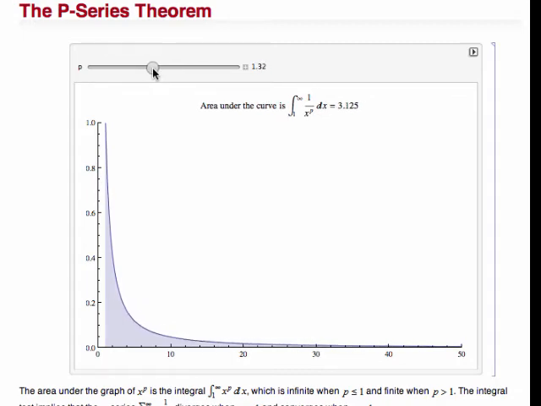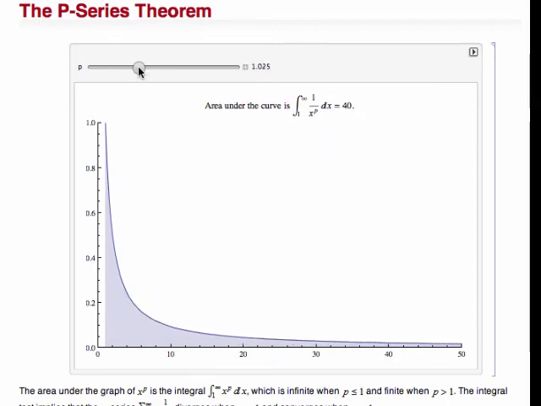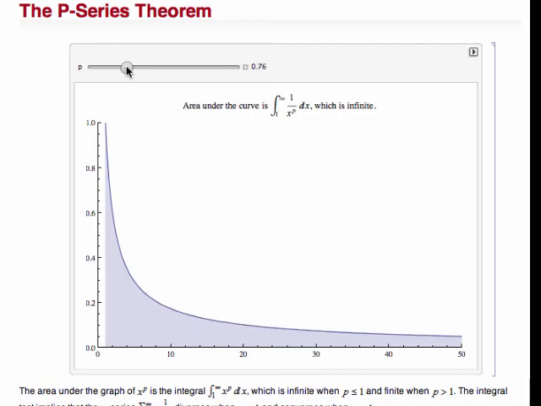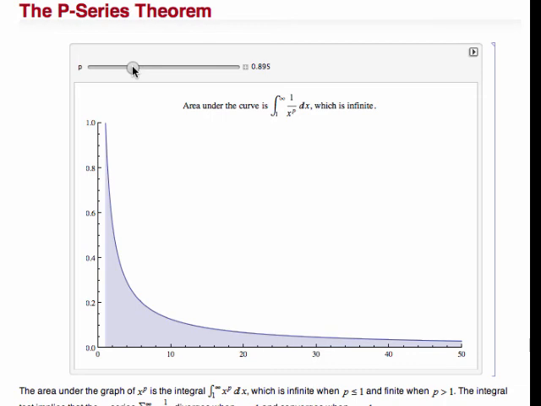It's converging, in other words. If we go smaller than 1, though, then it's infinite. It diverges. So p equals 1 is that magic place on the function 1 over x to the p between when the integral diverges and converges, and therefore the corresponding series converges or diverges.